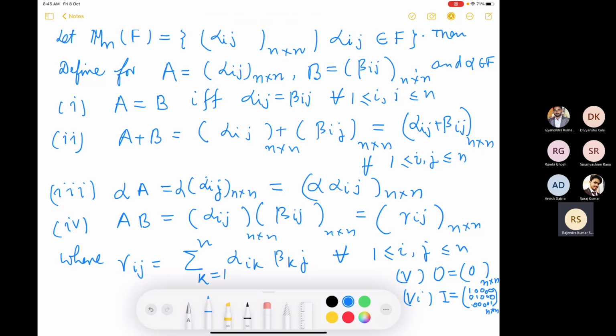So this we also can use to define alpha I. You can see here, if the matrix is the identity, then alpha I has alpha as every diagonal entry, because each entry of I is 1. So alpha, alpha, alpha on the diagonal, and therefore alpha I is the matrix alpha, 0, 0, 0, alpha, 0, and like this, 0, 0, alpha, n by n.